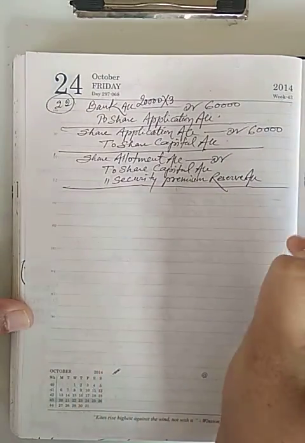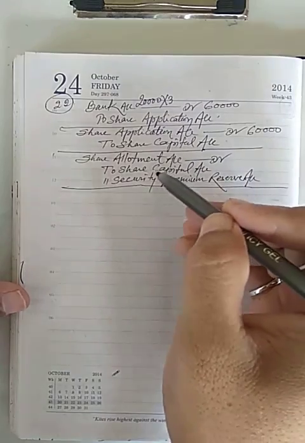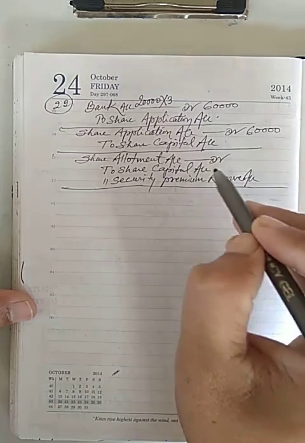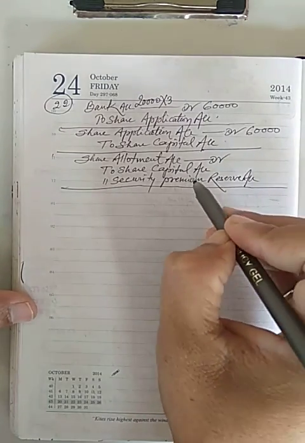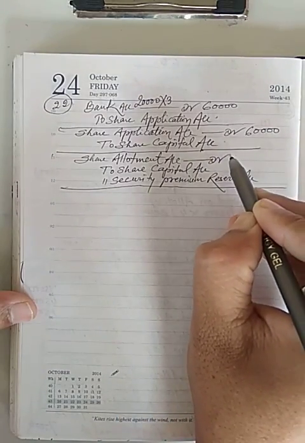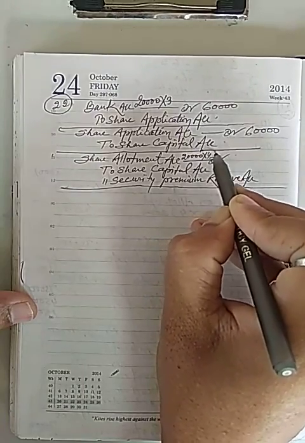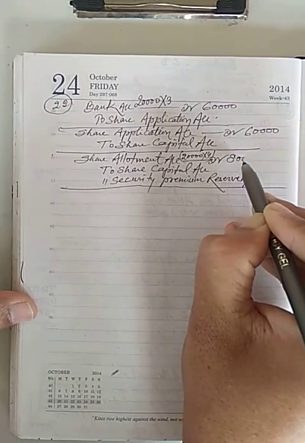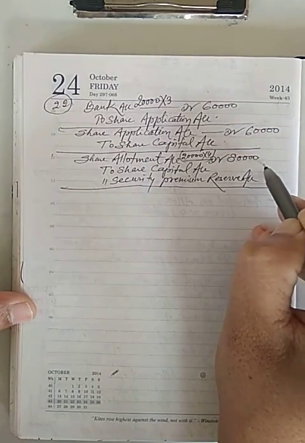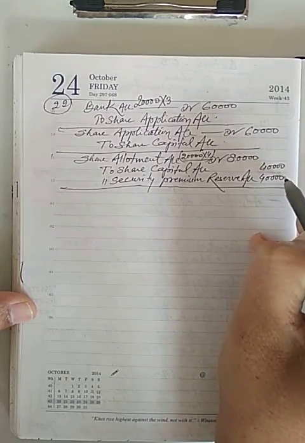Securities premium is payable at the rate of 2 along with allotment, and 2 will be for allotment, so total 4 rupees on 20,000 shares, it will be 80,000, and share capital will be 40,000 and premium will be 40,000.